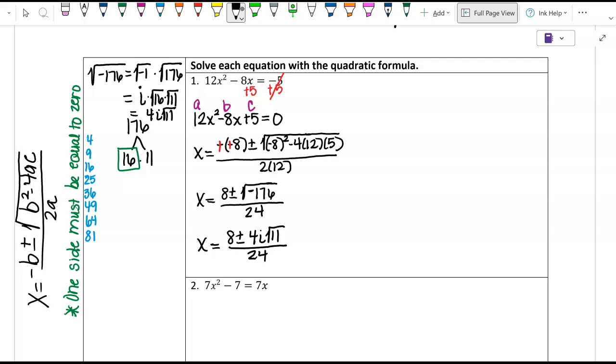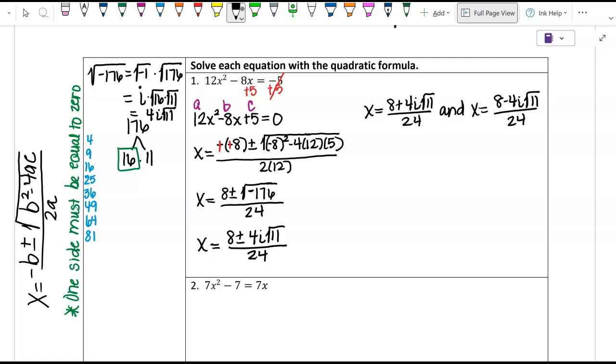So when I separate that out into my two equations, that gives me x equals 8 plus 4i radical 11 over 24, and x equals 8 minus 4i radical 11 over 24. Now, I can't combine here because of that 4i and radical 11, but I can reduce. But if you reduce, it has to be able to be with all three terms.